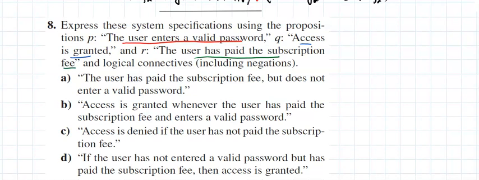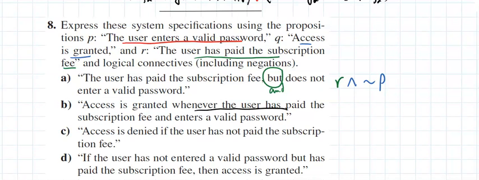So A, when it says if the user has paid the subscription, that is R. But when you look at but, it means does not enter the password. That's really and. Entering the password is P, not entering the password is not P. Access is granted is Q.